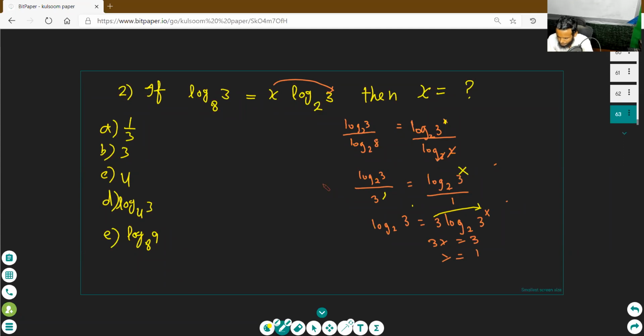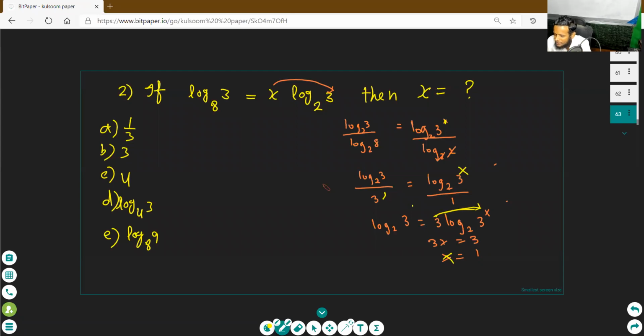Which option is correct? This will become 3x, 3x is equal to 3.